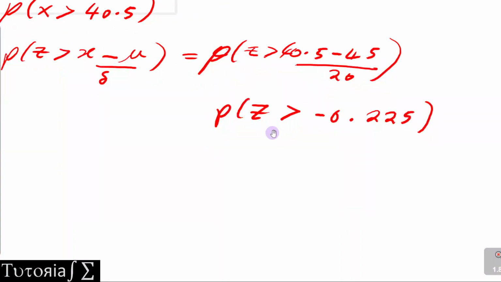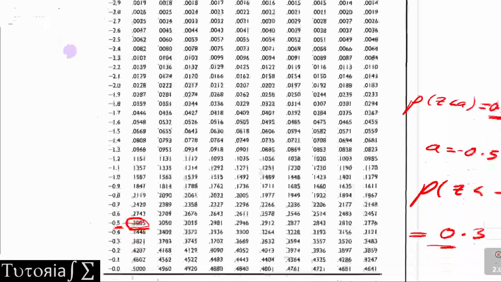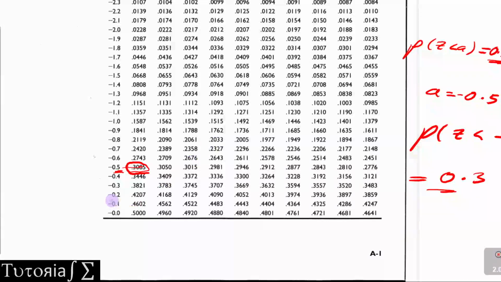And now what we have to do is convert this to a less than, because our table only has values for less than. So we subtract from 1. So this is equal to 1 minus the probability of Z less than negative 0.225. Okay, so we go to our table, we look for negative 0.2, then 2 will be here.